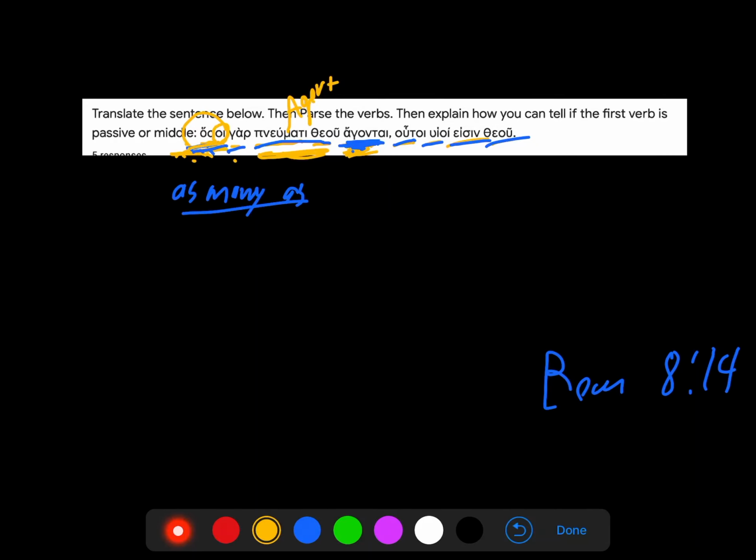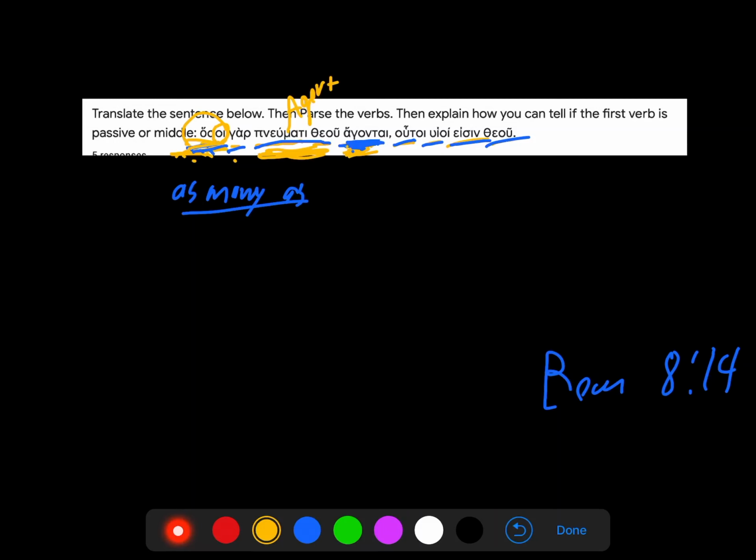It's leading these guys, the nominative subject. And you don't have hupo, although it's translated the same way. This is a genitive that is the marker of the agent. So we don't have the preposition clearly spelling out "by the Spirit of God," but with the genitive that gives us the same basic idea.